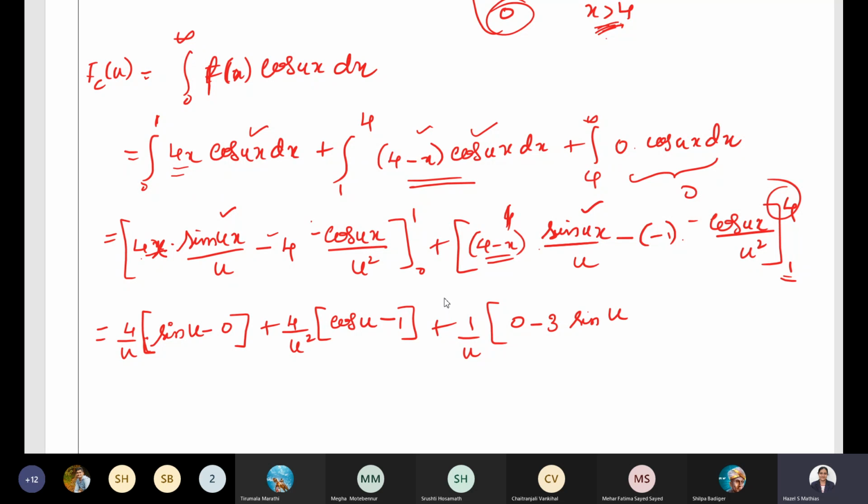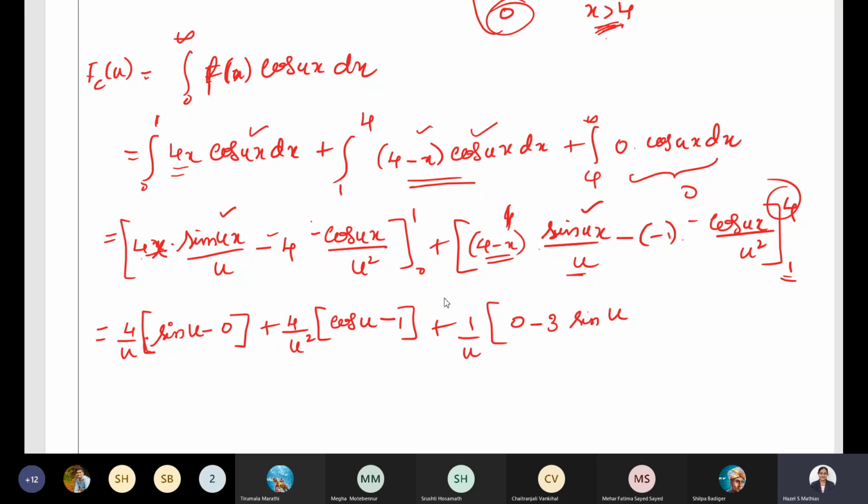Am I correct? This 1 by u I have taken outside. Put the upper limit 4, it is 0.